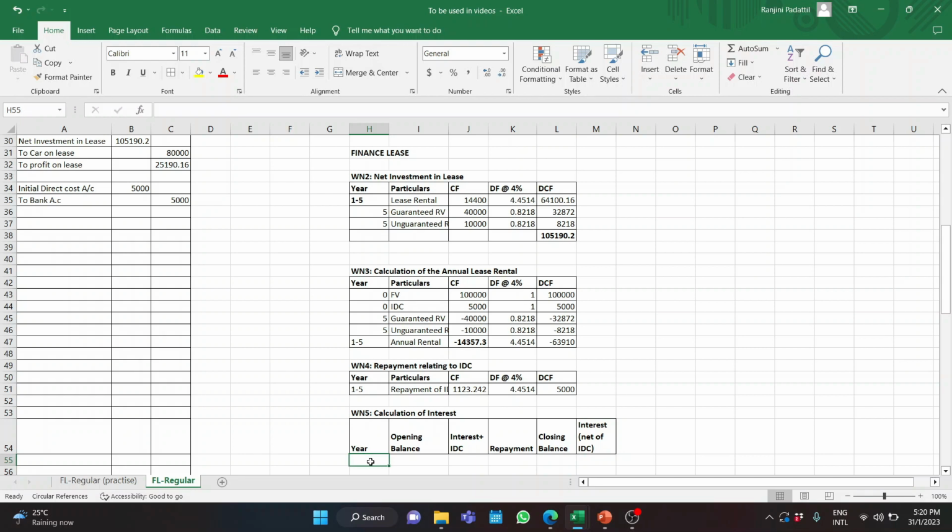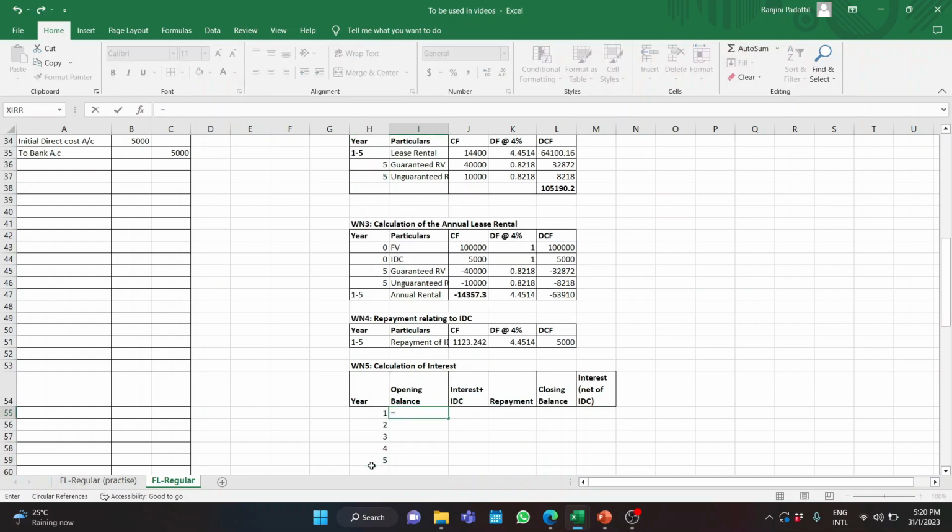Right, so we have the opening balance of net investment in lease, 105,190. The interest plus IDC is 4%. The repayment is 14,400. Now, what is interest net of IDC? This is the interest, and the IDC that we need is 1123 every year. So this would be reduced interest amount.